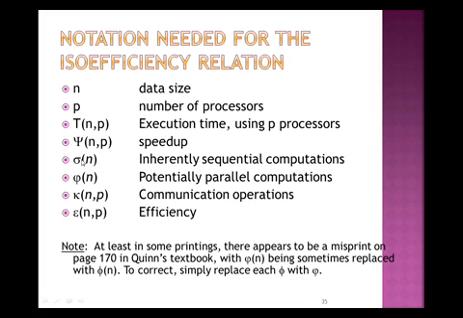So this is used for sequential, this is used for parallel computation. Then kappa(n,p) is for communication operations. Then epsilon is used for showing the efficiency. These are the multiple notations that are used in Amdahl's law.